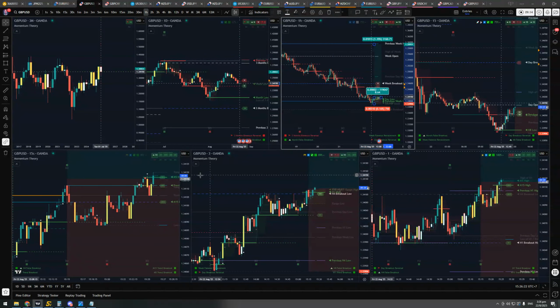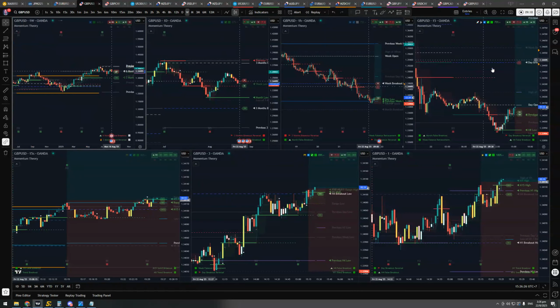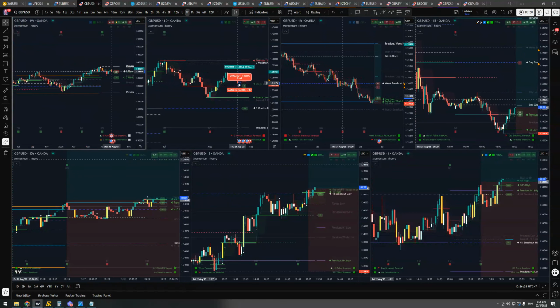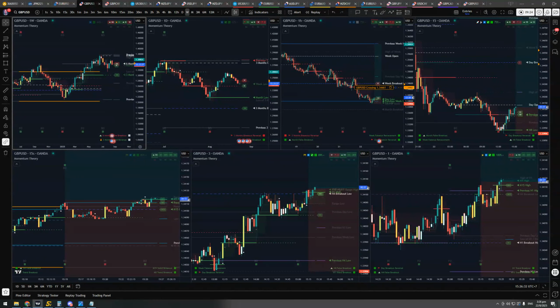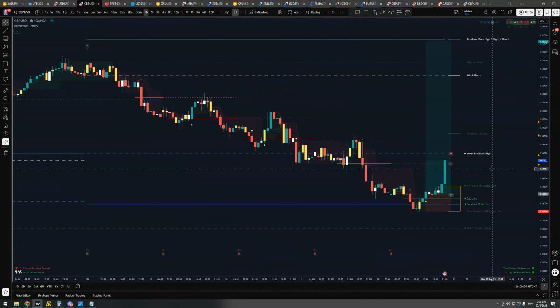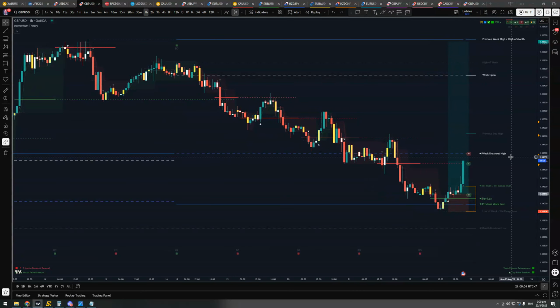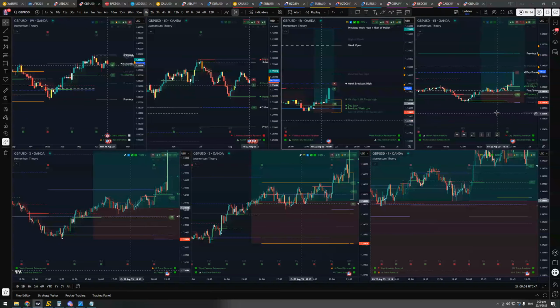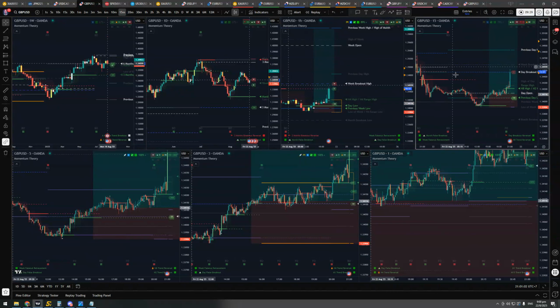Okay, so that's the trade: trend reversal on daily, and weekly trend pullback. All right, took partials here, and just gonna let this run. So the move was, the daily is a trend reversal move.